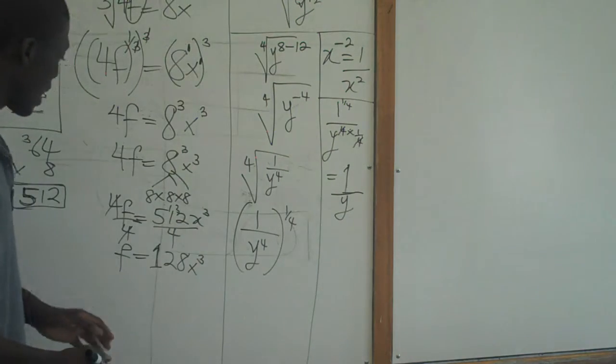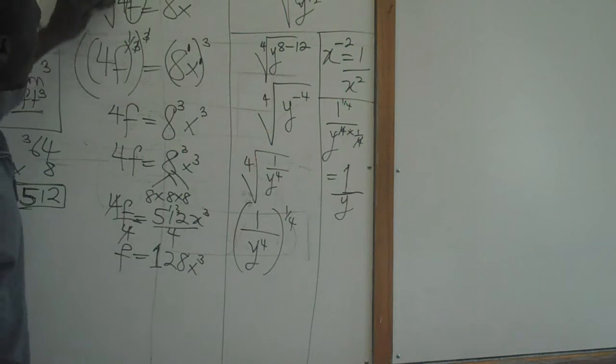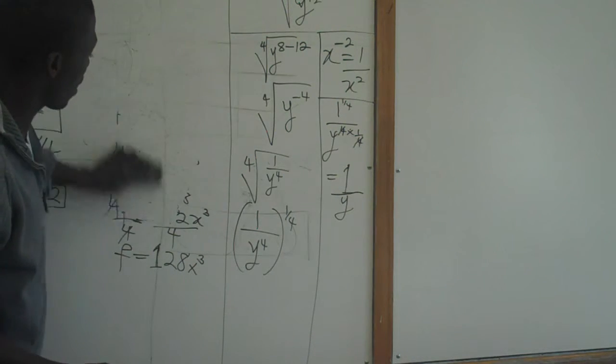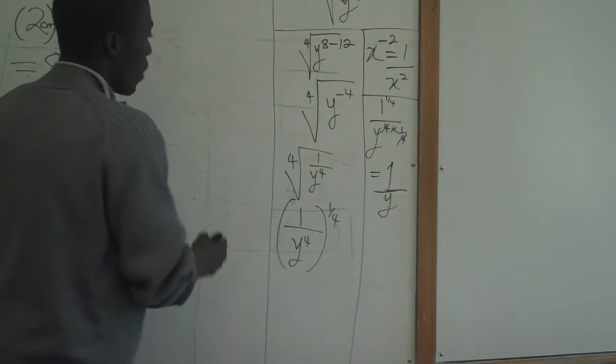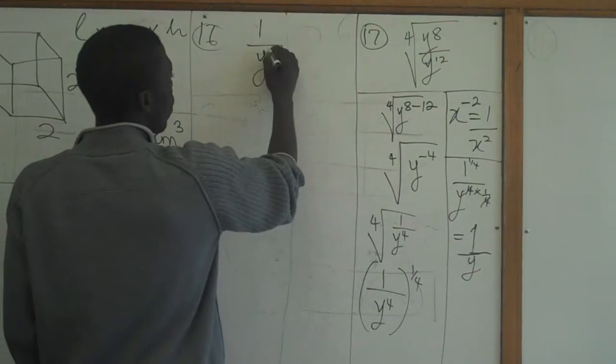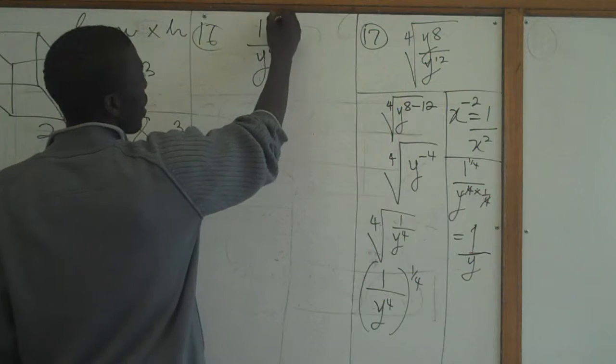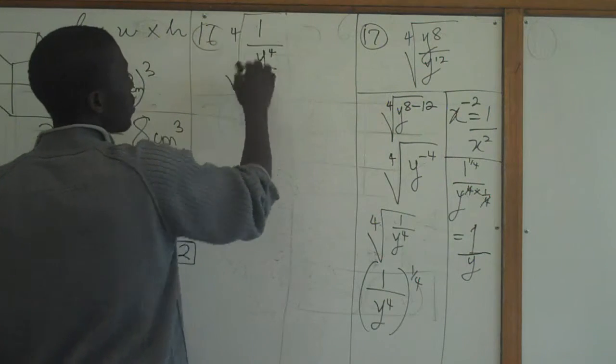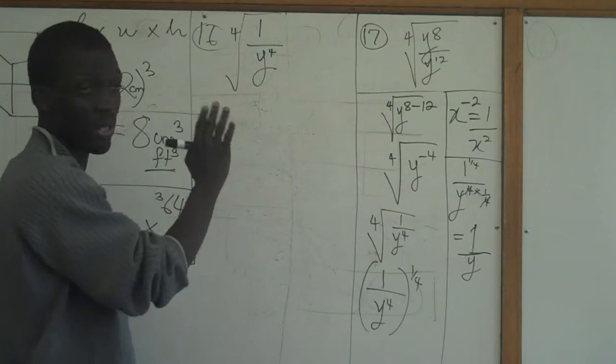Let me take a second to re-explain what I did to the problem there, so that you don't get confused. We had 1 over y to the fourth, and this was the fourth root of that. So let's focus on this for a second.